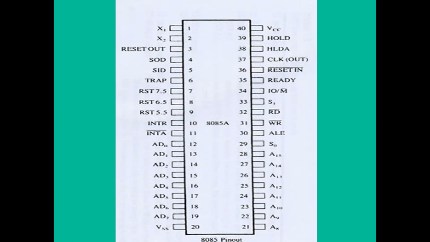But if S1 is 0 and S0 is 1, at that time write operation is performed. If S1 is 1 and S0 is 0, then read operation will be performed. And if S1 is 1 and S0 is 1, both high, then the fetching operation is performed, opcode fetch.